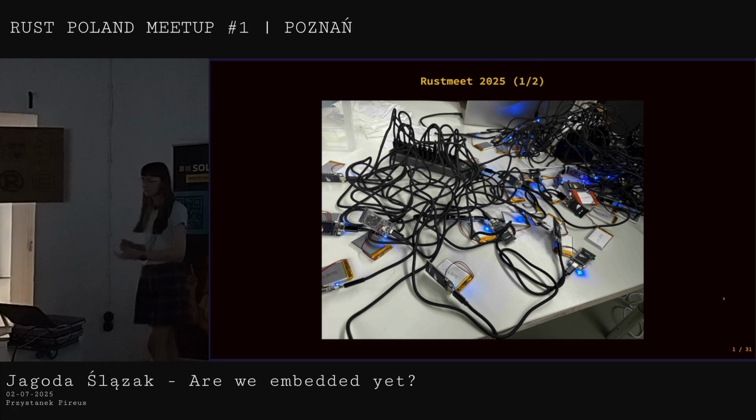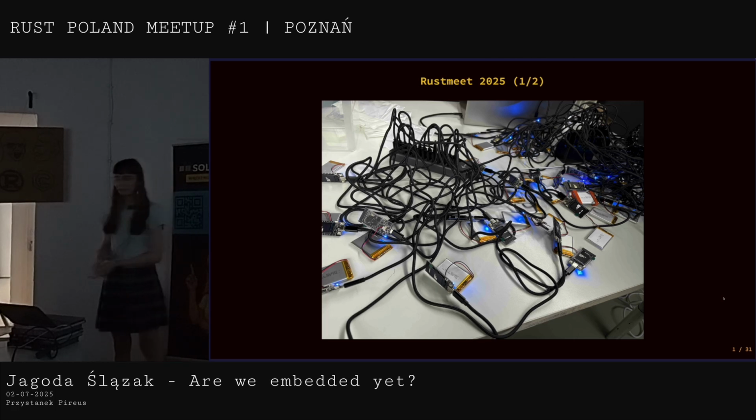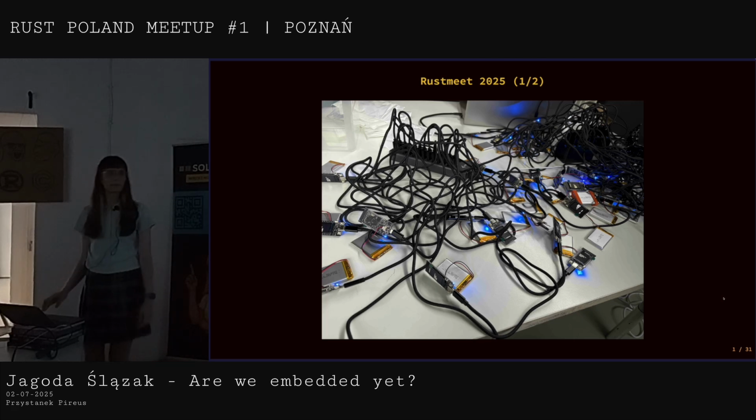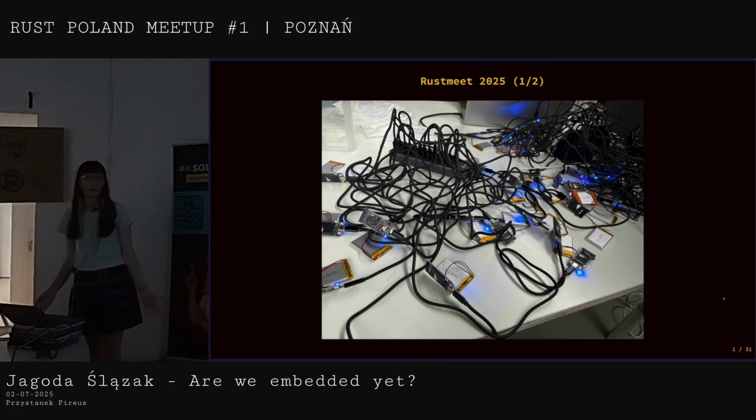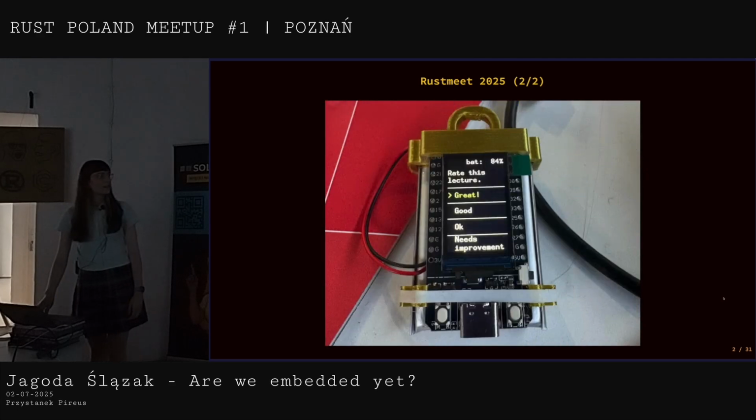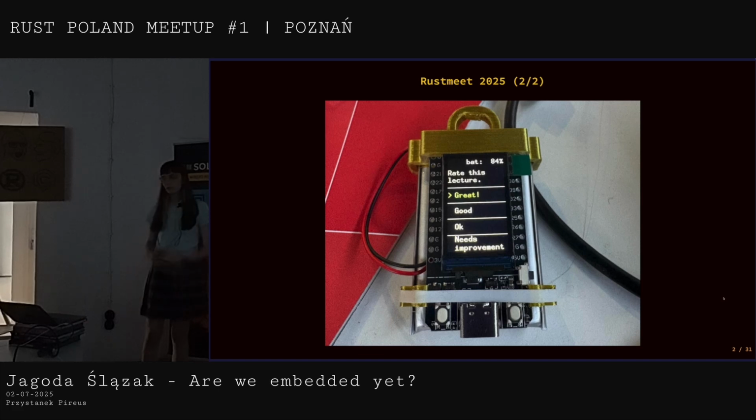It was pretty crazy, and I'm really happy that we managed to pull it off, because I was writing the embedded code for this and never touched embedded Rust before. That's the device we gave away. That's what we came up with.